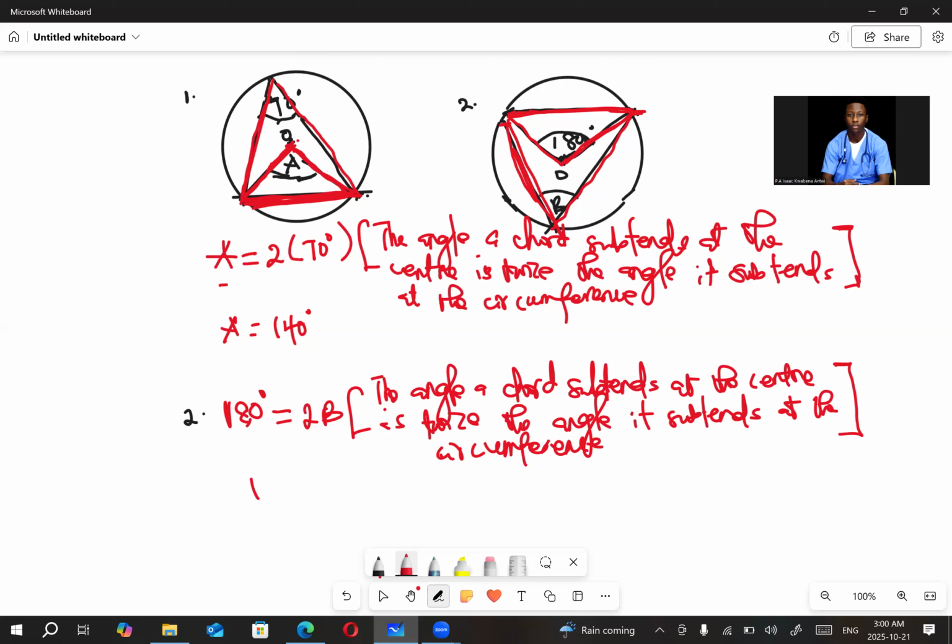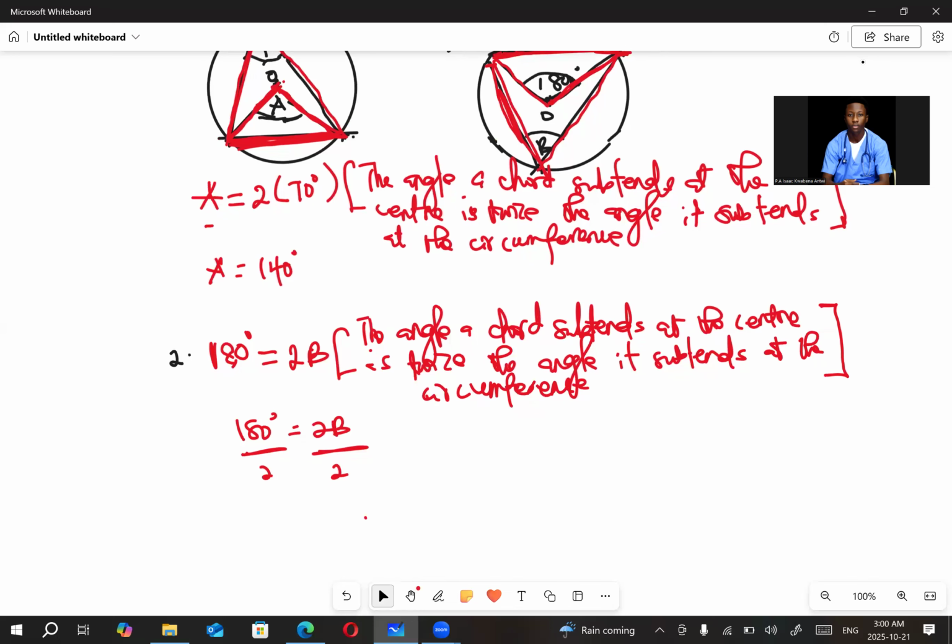So you have 180 degrees equals 2B, right? And if you're looking for B, you have to divide by what? 2. You divide by 2, right? So B is equal to what? 90 what? Degrees.